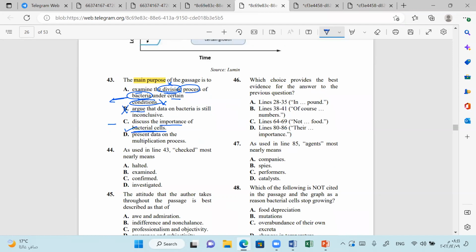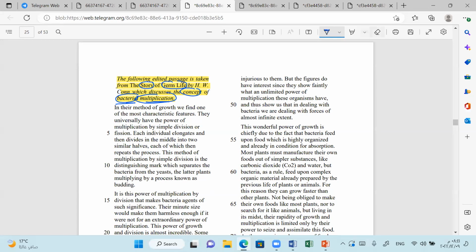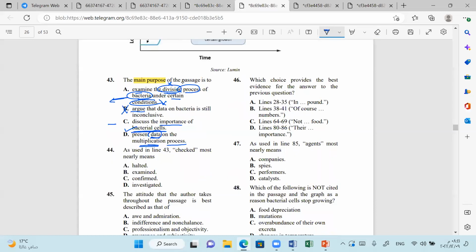I'll keep it. Present data on multiplication process. Oh my God, where is bacteria? Multiplication, okay, but where is bacteria? The main thing wasn't mentioned. Data also is very specific. Where is the main word, which is bacteria?